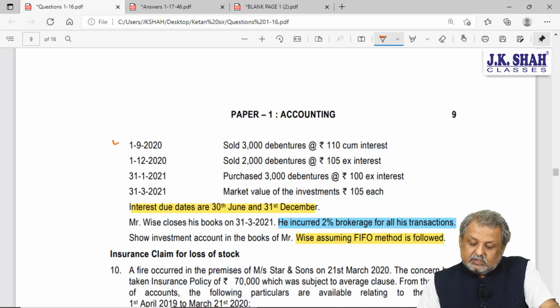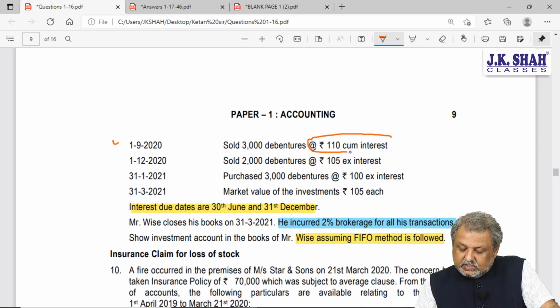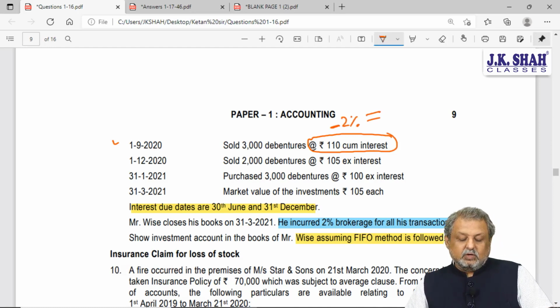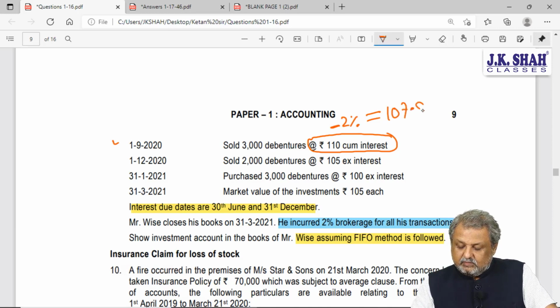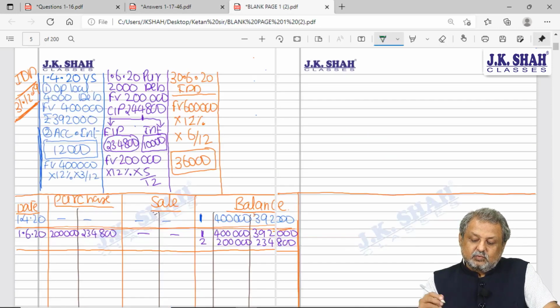Then on 1 September sold 3,000 debentures at 110 cum interest, but this is a sale, so minus 2%. So 110 minus 2%, 107.8. Sale transaction, 3,000 debentures are sold.